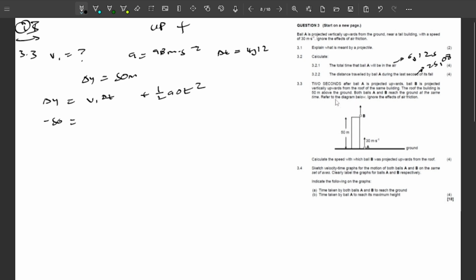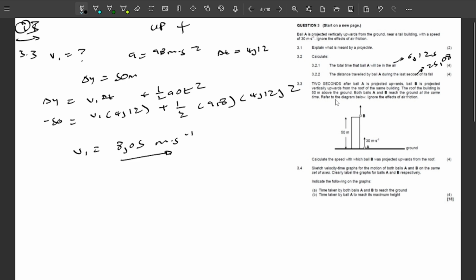Hope that is clear. Now the V initial, since this is the one we're looking for, it's going to be 9.8 and 4.12 squared, right? We're going to simplify this, and in the end we should find it as 8.05 meters per second.